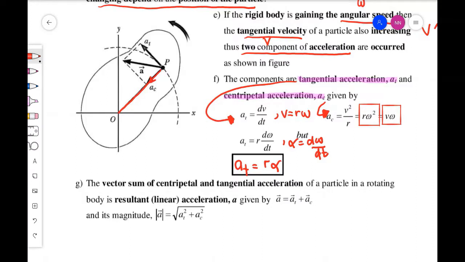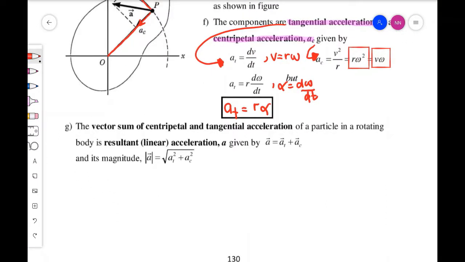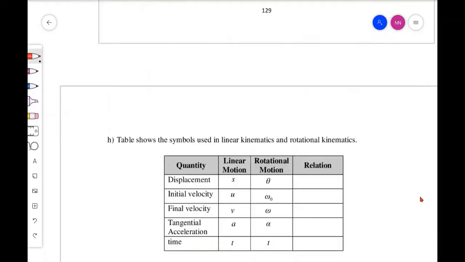Tangential acceleration ni adalah tangent kepada position particle tadi. So magnitude dua-dua tu daripada formula ni, square root a_t squared plus a_c squared.